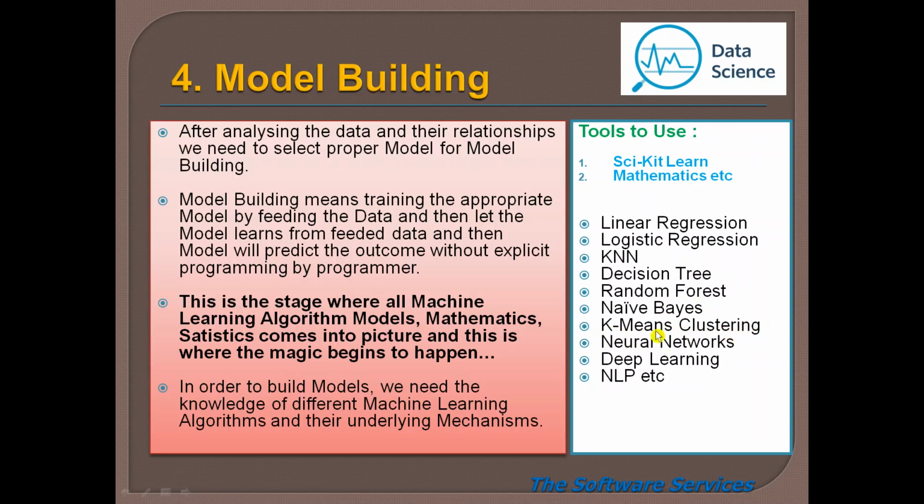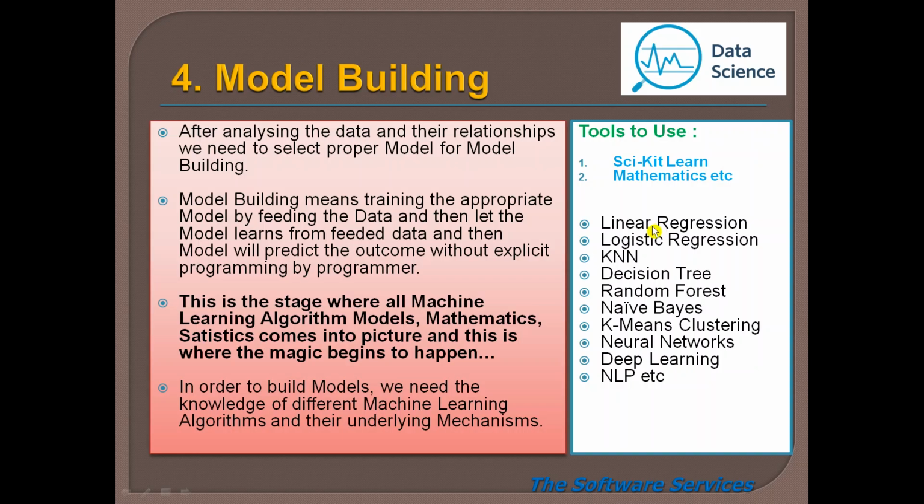And then K means clustering. See, these are all supervised learning, friends, because we feed the history of the data, which has both the input data and the value to be predicted. We train on this data.